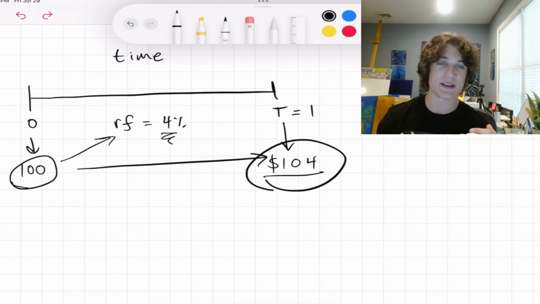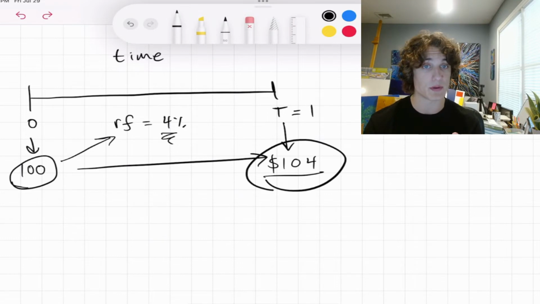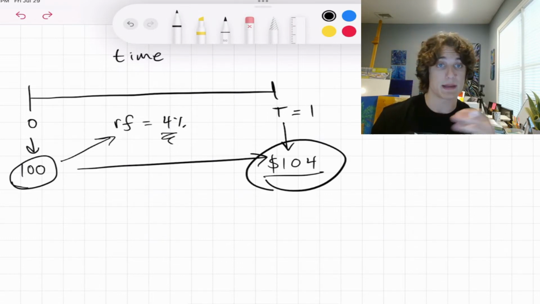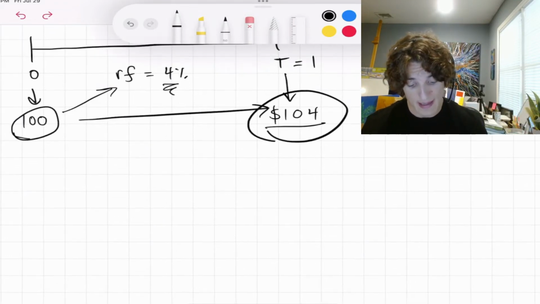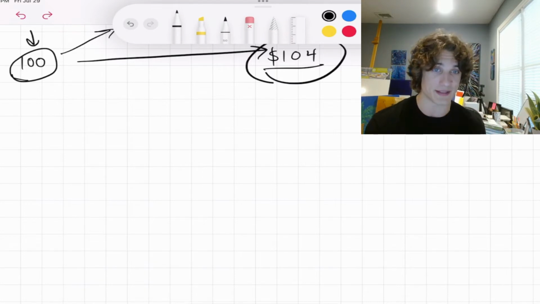Like most things, there is a more general way to write the equation to determine how much interest you are accruing on your principal or the net value of your investment at the end of its horizon. And what I mean by that is we can essentially just compile this into a closed form solution for the amount that your investment is worth at the end of its life.